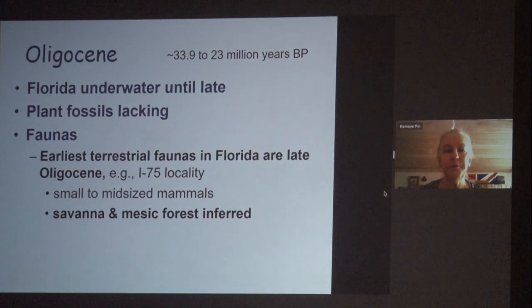The Oligocene is going to be kind of a drive-by for plants. Much of this time frame, Florida was still underwater, at least until quite late. There is the earliest terrestrial fauna known from the Oligocene, and inferring from those organisms, we suggest savanna to mesic forest environments were developing at that time.